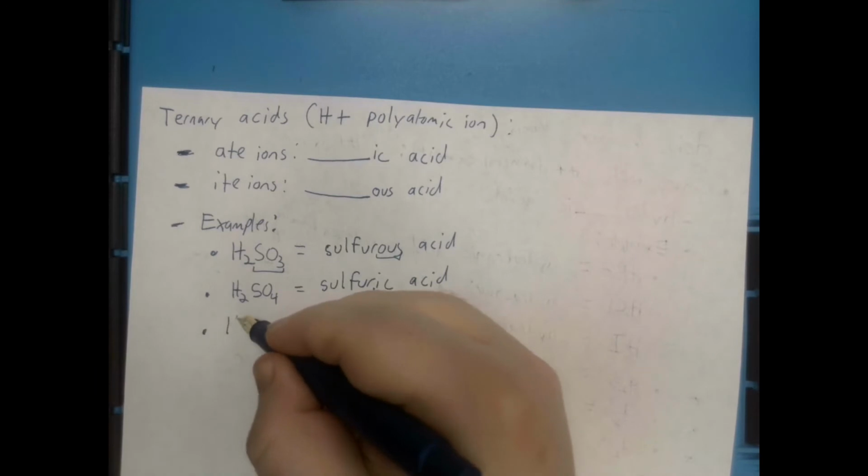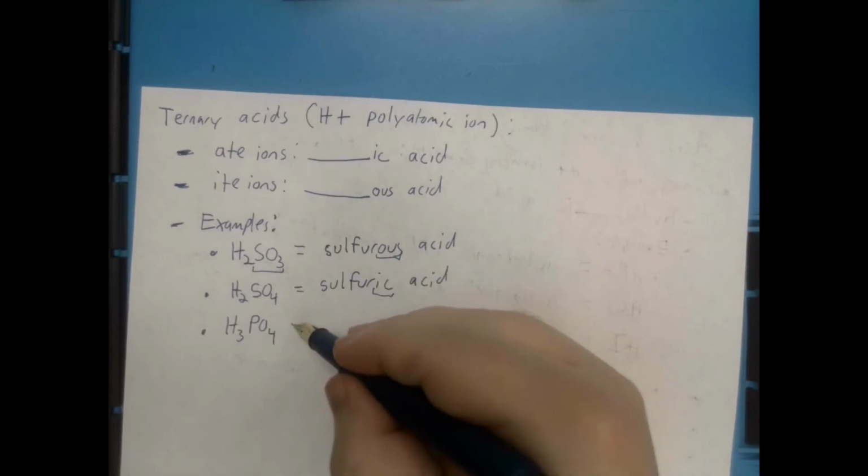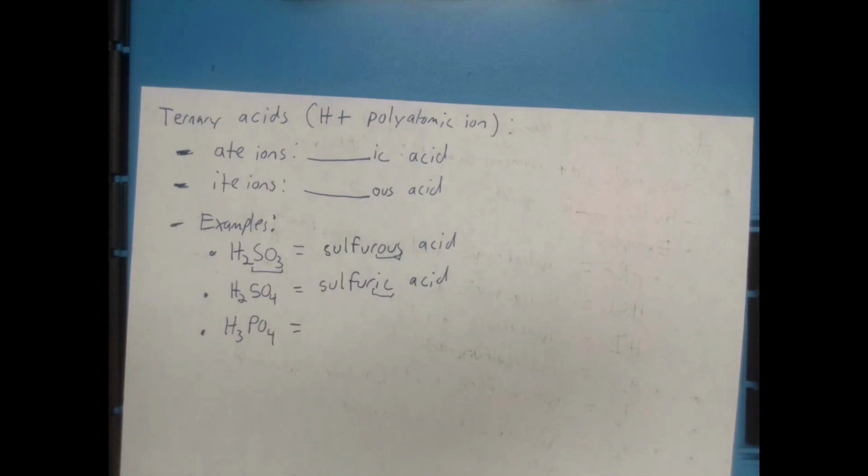So let's look at H3PO4. This one is also going to be an exception to the, I guess it's not really an exception anymore. For adding ic and ous, we're going to mostly be appending it somewhat.